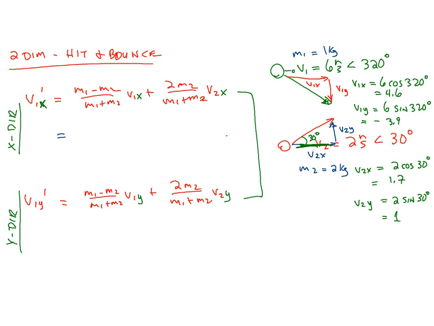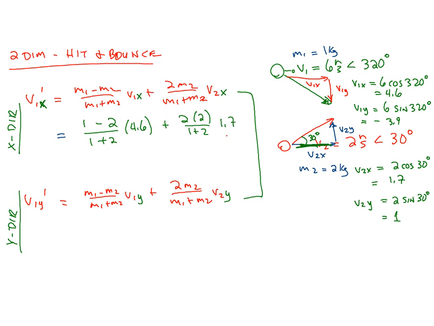Now we finally have all our numbers. Now we can finally start shoving stuff into the equations, and nobody said it was pretty, but it's worth it. So here we go. 1 minus 2 over 1 plus 2, V1x is 4.6, plus 2 times mass 2 is 2 kilograms. Down here I've got a 1 plus 2, and in the x direction, ball number 2 is headed 1.7.